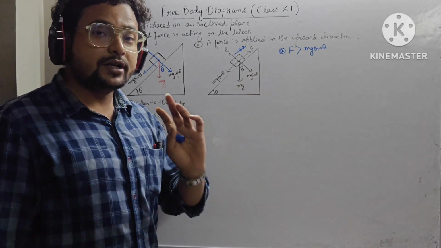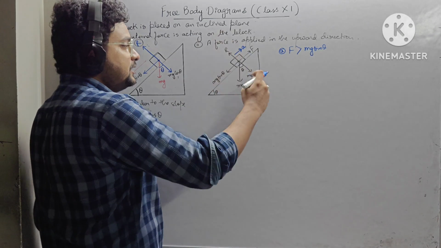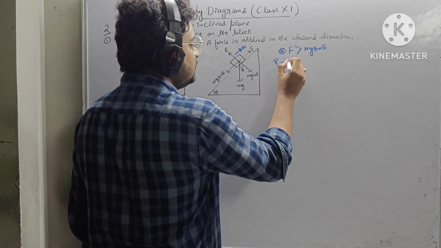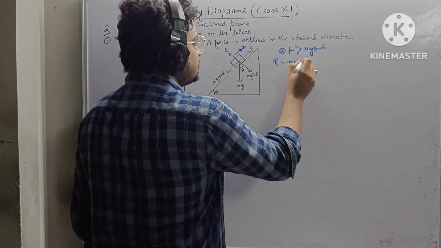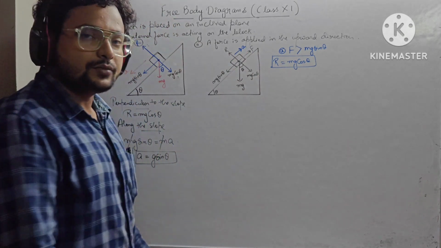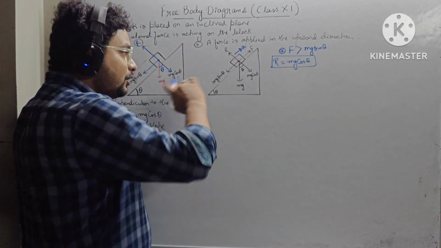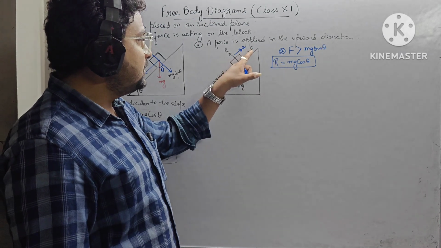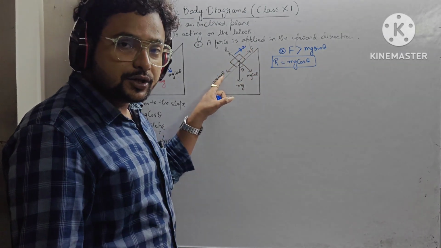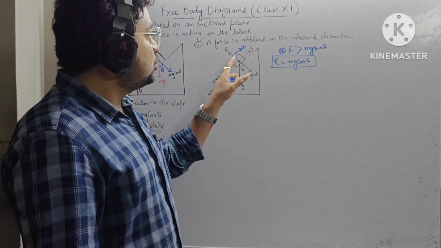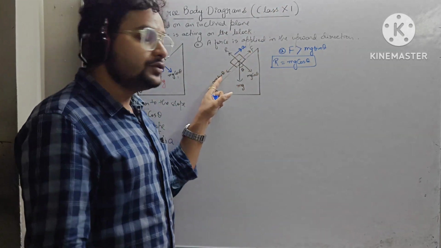In that case, what are going to be the equations? In the vertical direction, these two are getting balanced, so I can write R equals mg cos theta. Along the slope, force F is acting on the body and mg sin theta is also acting on the body, and the body is moving up. Which is greater?